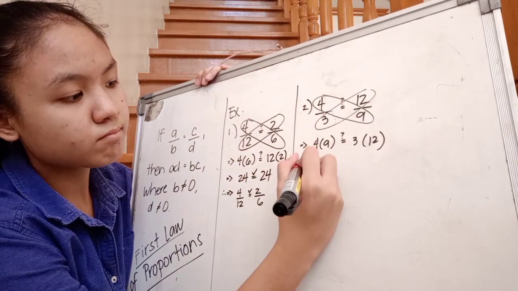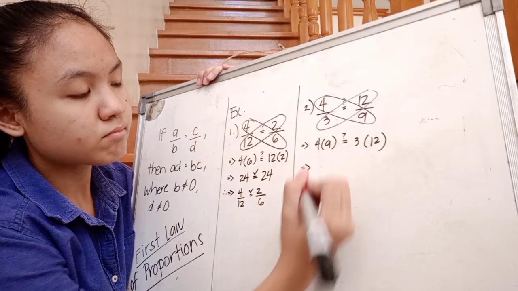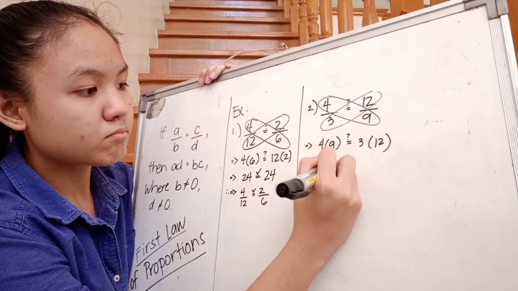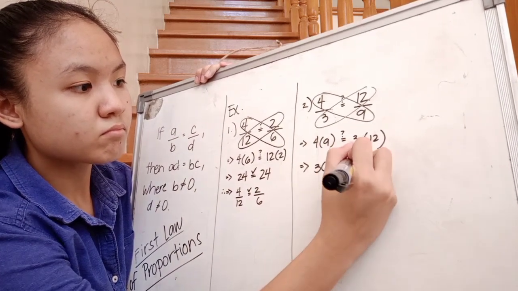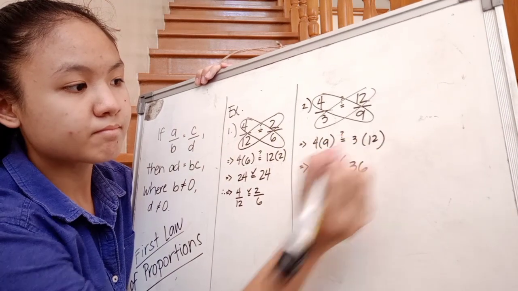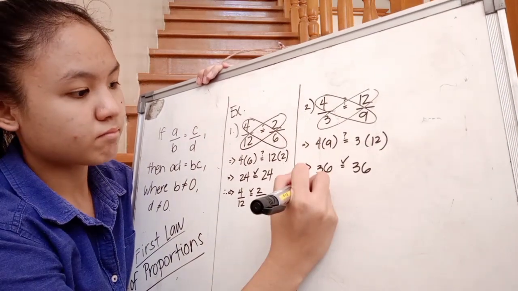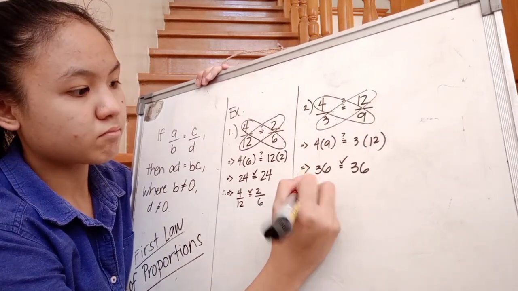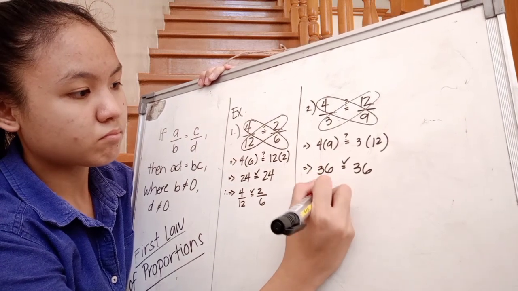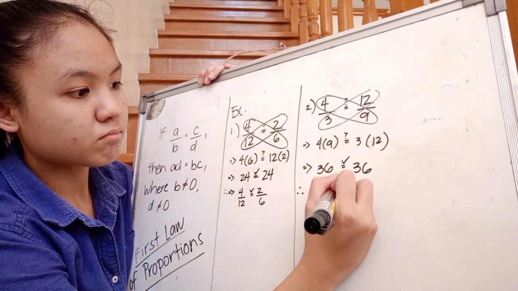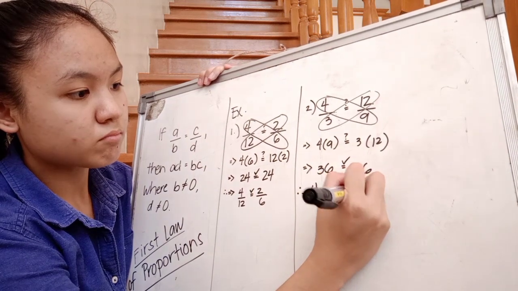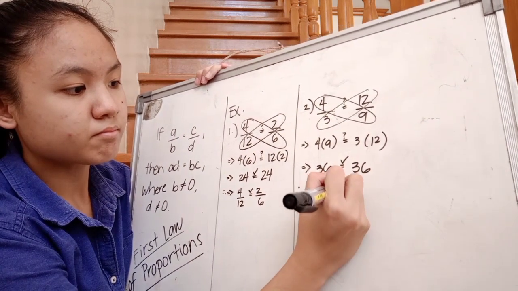To find out, 4 times 9 is equal to 36, and 3 times 12 is equal to 36 as well. So in conclusion, 4 over 3 is proportional to 12 over 9.